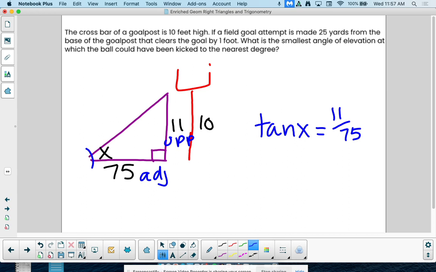How do you get an angle measured? What do you use? Inverse. Very good. That seems very large. I don't think it's that big. I also could be wrong. I'm also getting 8. 8.34.